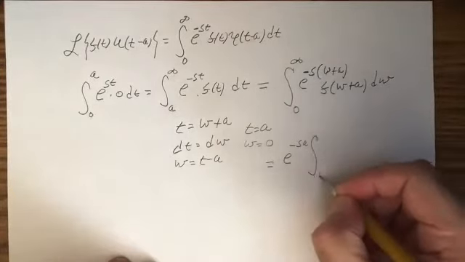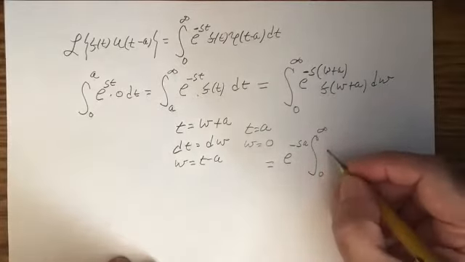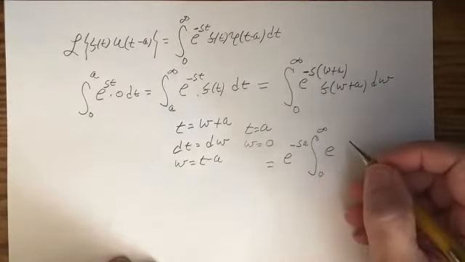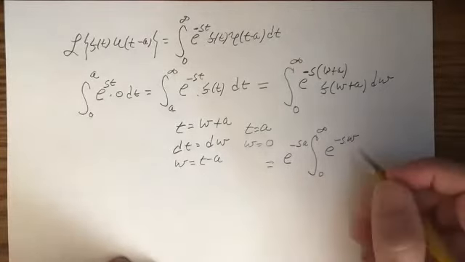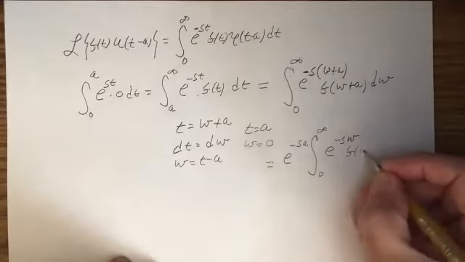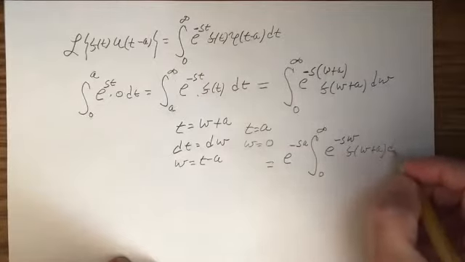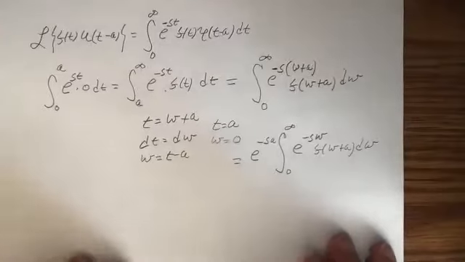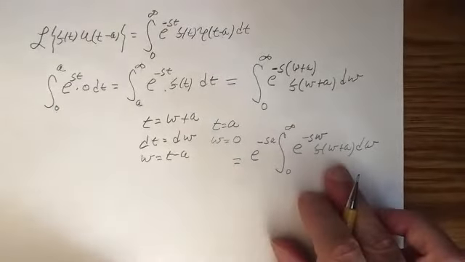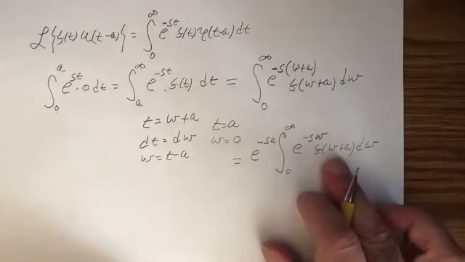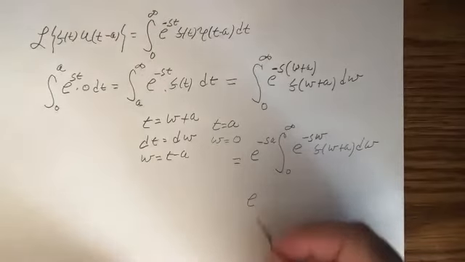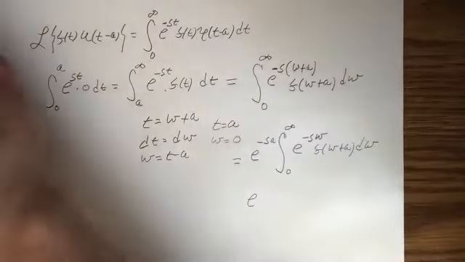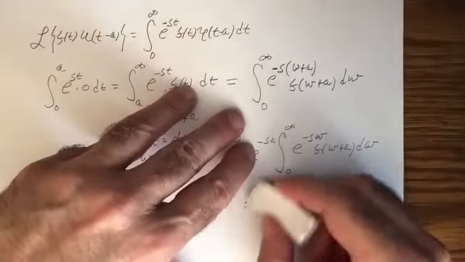I can write this as the integral from 0 to infinity of e to the minus sw, and then times f of w plus a, and this is dw.